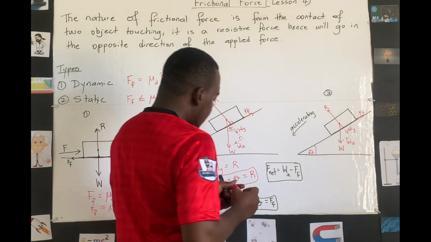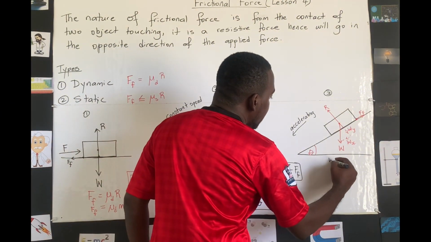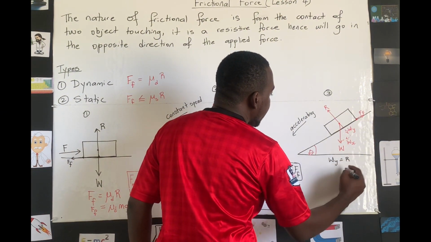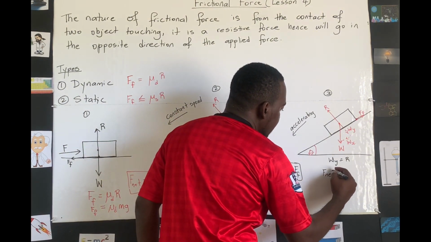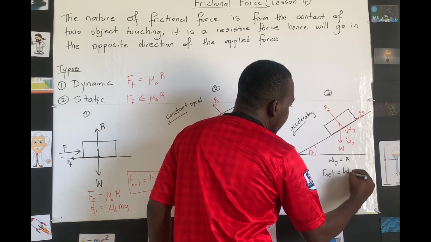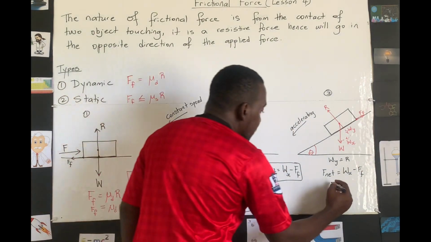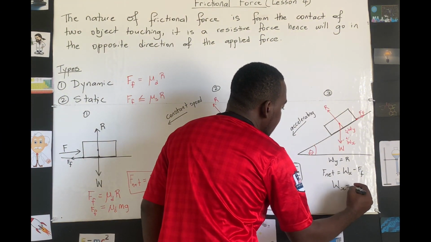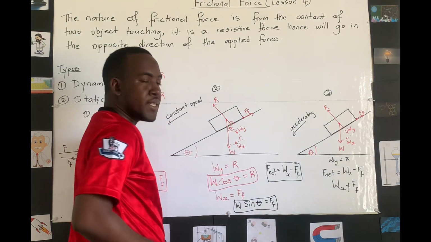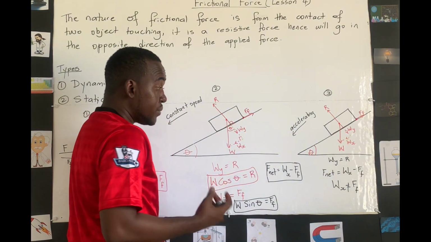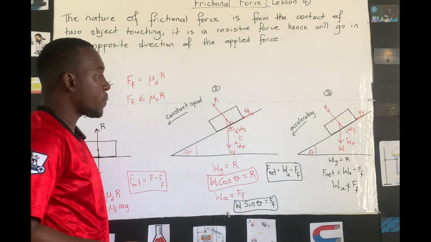So that means the same thing applies. WY is equal to R, right? But in this case, our F net is WX minus FF. So they are not equal this time. So we can put here that they are not equal. They are not equal because the object is accelerating. Accelerating means we have to have a net force acting on the object.